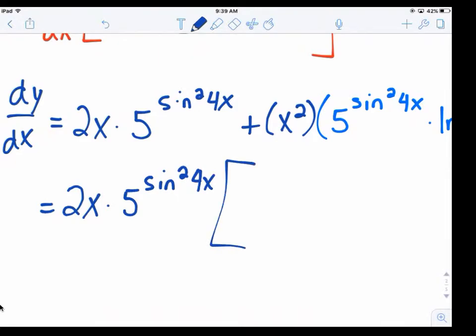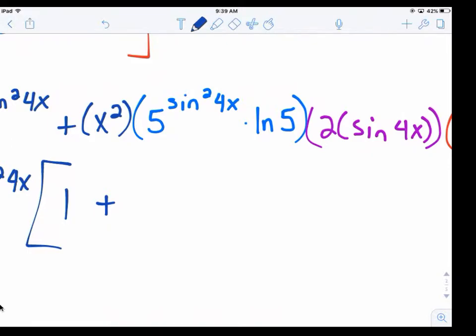Factor that out, and what I'm left with is just 1, plus, because I took away one of the x's when I factored it out, I still have 1x left over. I still have ln of 5, right?